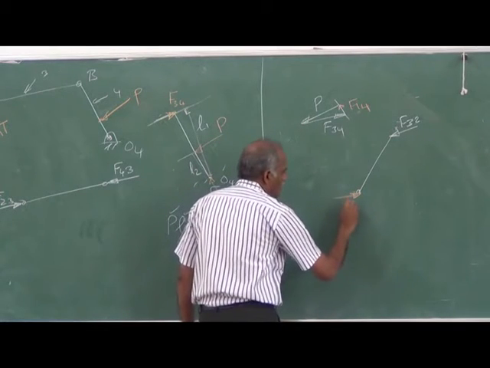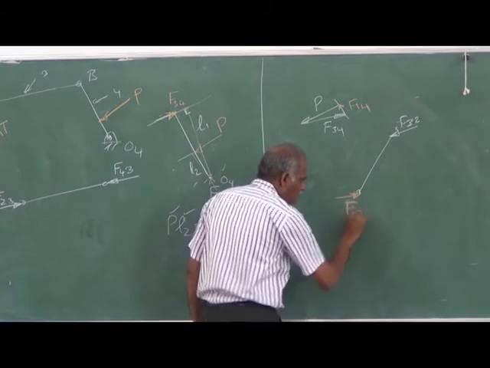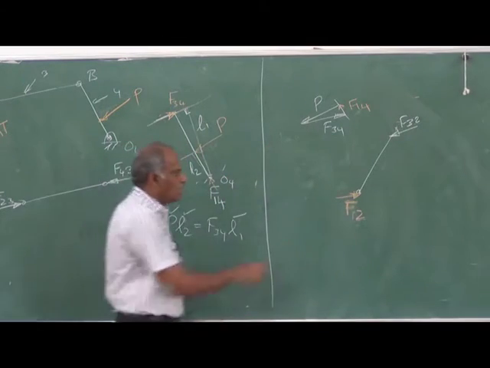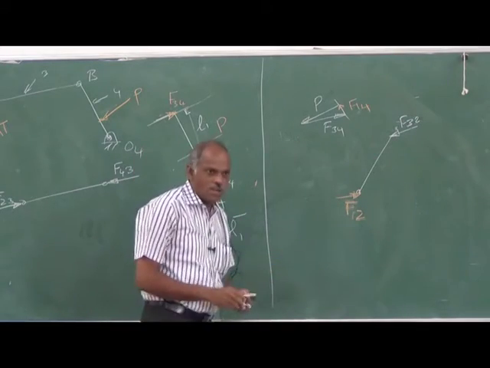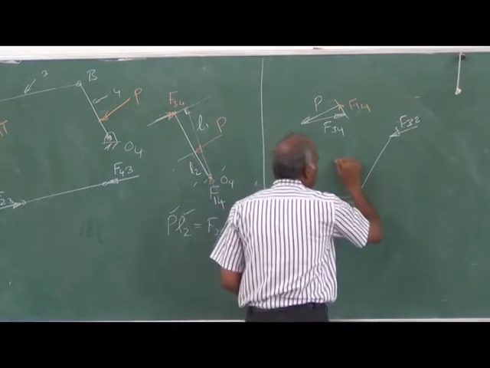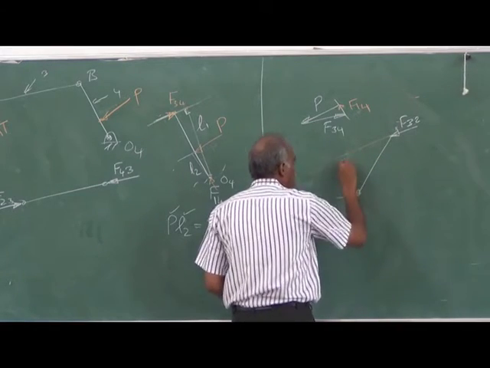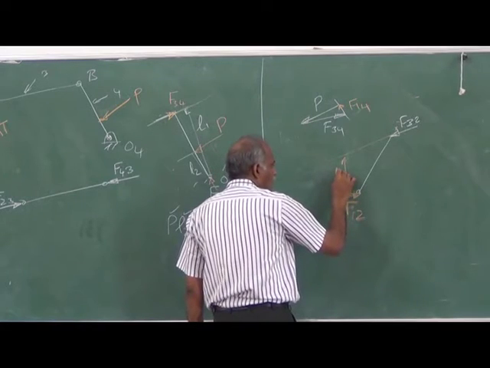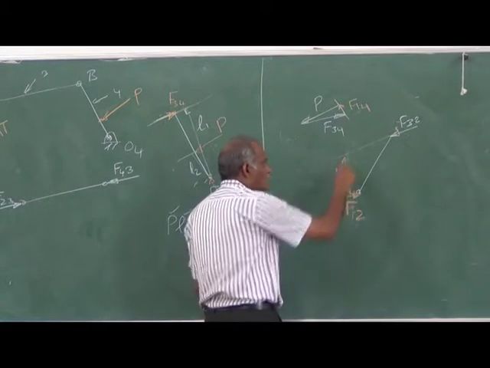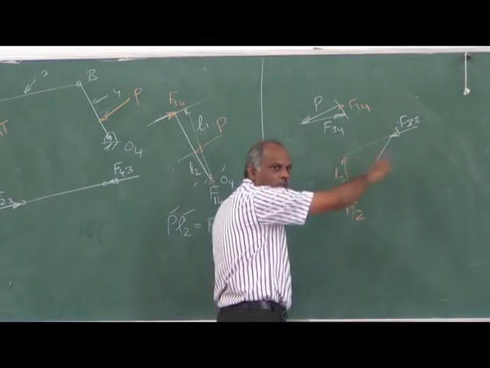This is F12, which will be equal in magnitude to F32 but opposite in direction, but is applied elsewhere. So these two will be producing a couple. If I take this distance as L3, this will be producing a couple in the anti-clockwise direction.